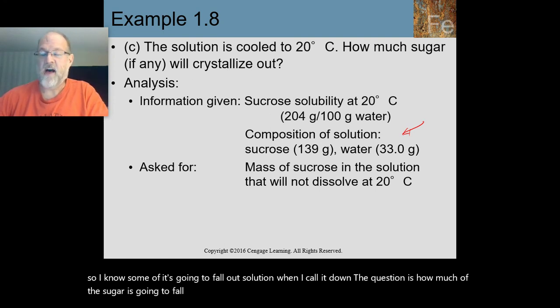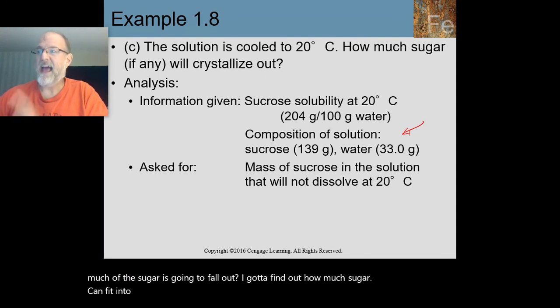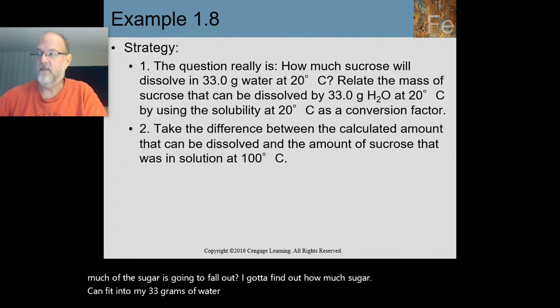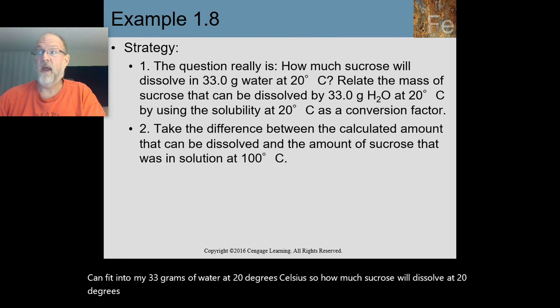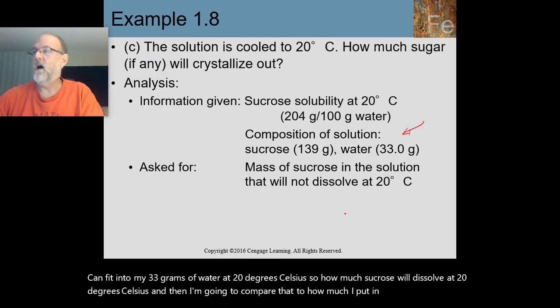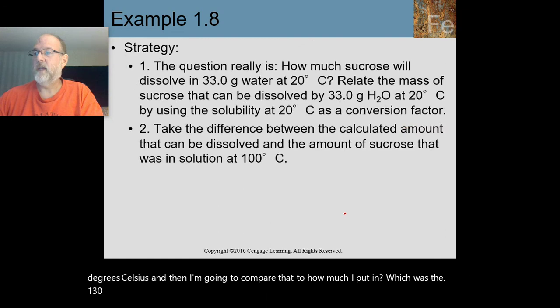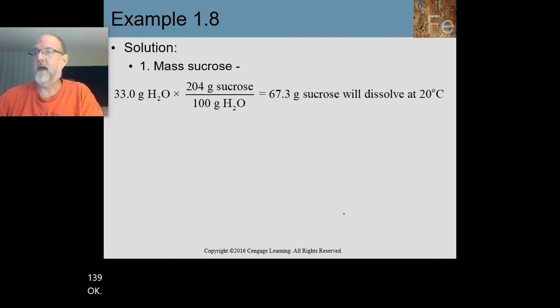Well, I've got to find out how much sugar can fit into my 33 grams of water at 20 degrees Celsius. So, how much sucrose will dissolve at 20 degrees Celsius? And then I'm going to compare that to how much I put in, which was the 139. Okay. So, mass of sucrose.